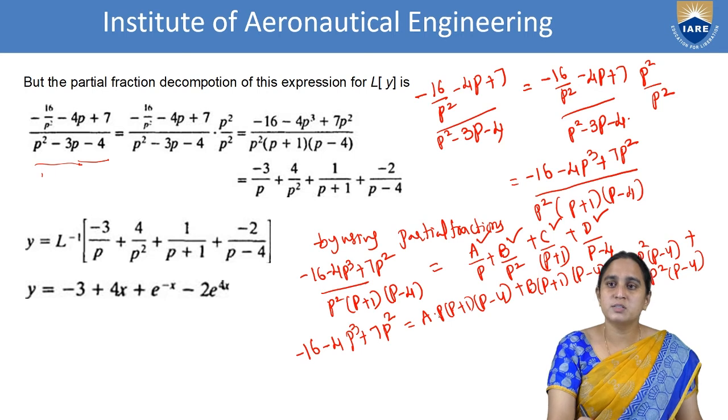If we want to solve for the A value, let us assume p as minus 1 and next p as 4.